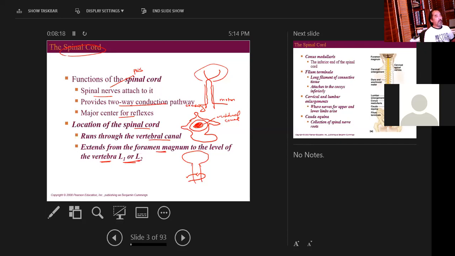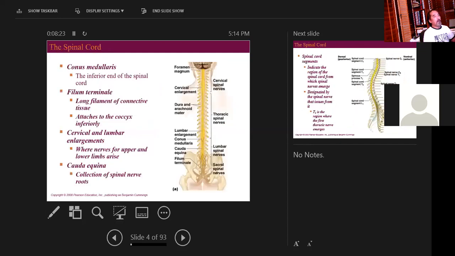That's the reason why let's take a look at the structure of the spinal cord based on the place where it sits, which is the vertebral canal. So these are the vertebral canals, and the spinal cord starts from the foramen magnum and goes down through the vertebral canal.